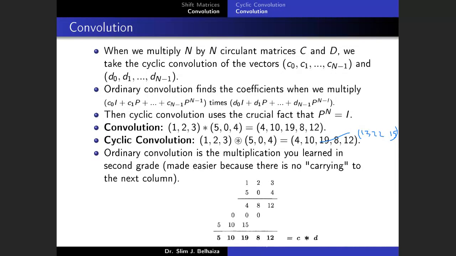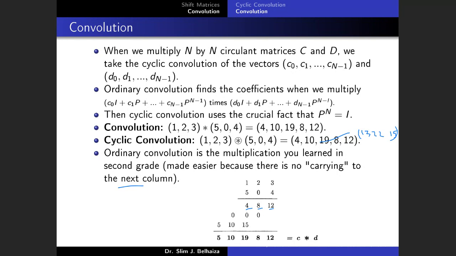Okay, so in fact, ordinary convolution is the multiplication you learned a long time ago. Let's see what it means. In the second grade, it was made easier because there was no carrying to the next term. So if you multiply 1, 2, 3 by 5, 0, 4, here I'm distributing the 4, I get 12, 8, 4.